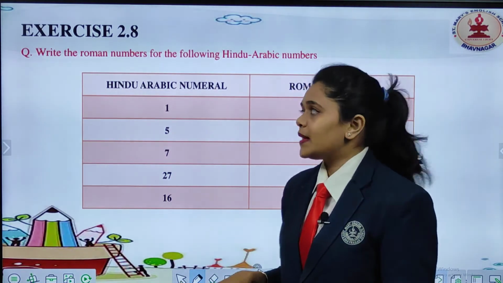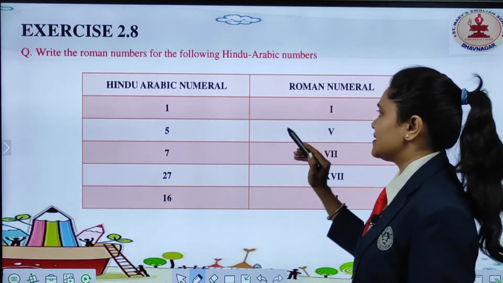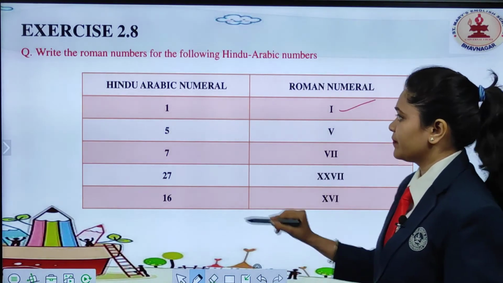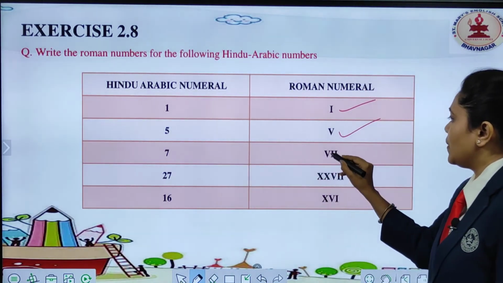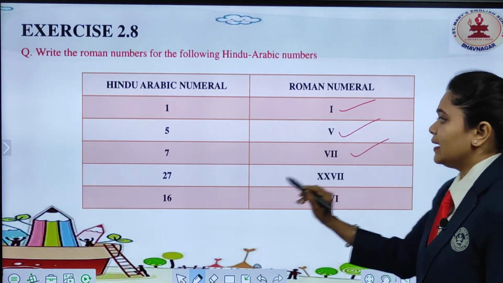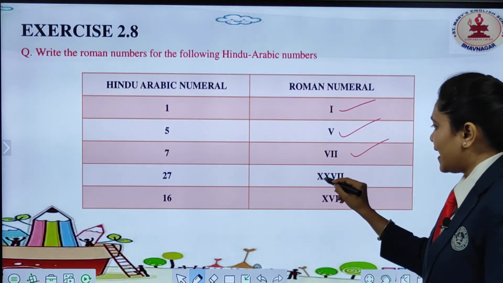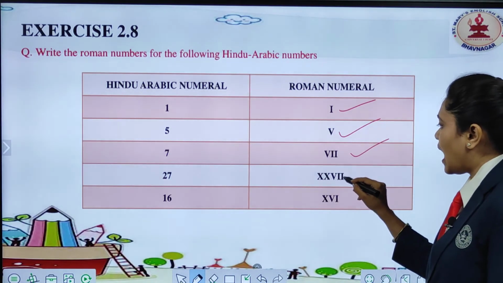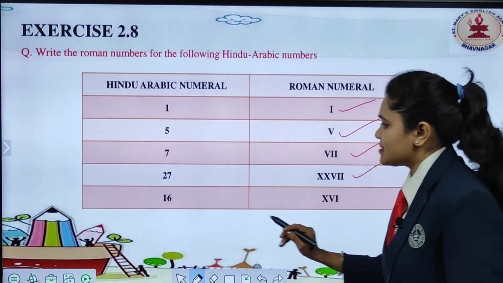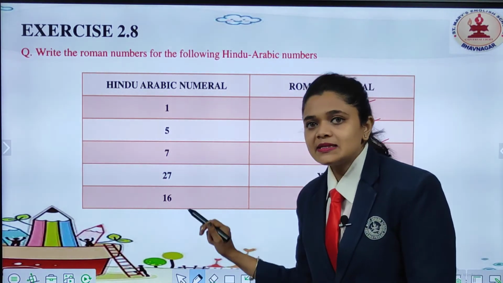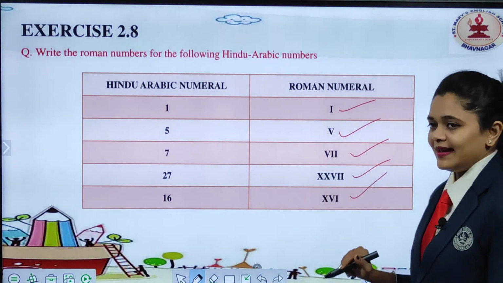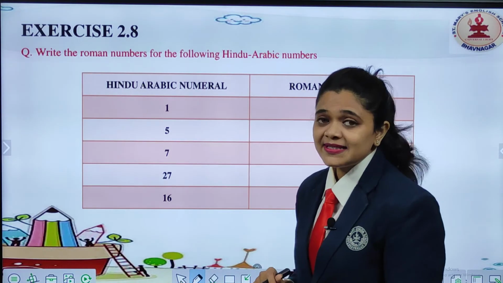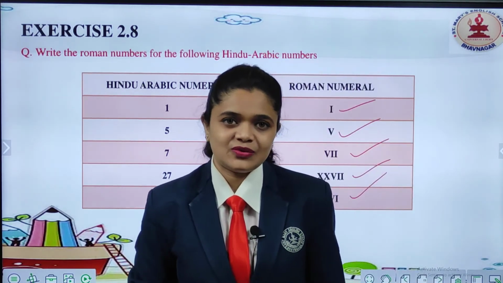Now, we will write it from it. 1 is represented by I, 5, V, 7, VII, 27, XXVII, and last number we have 16, XVI. Okay, students, let us see what is the next question given to us.